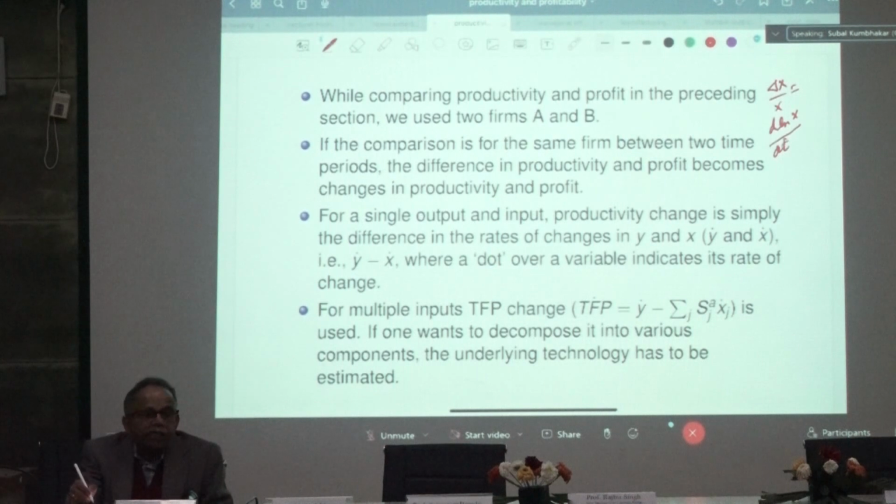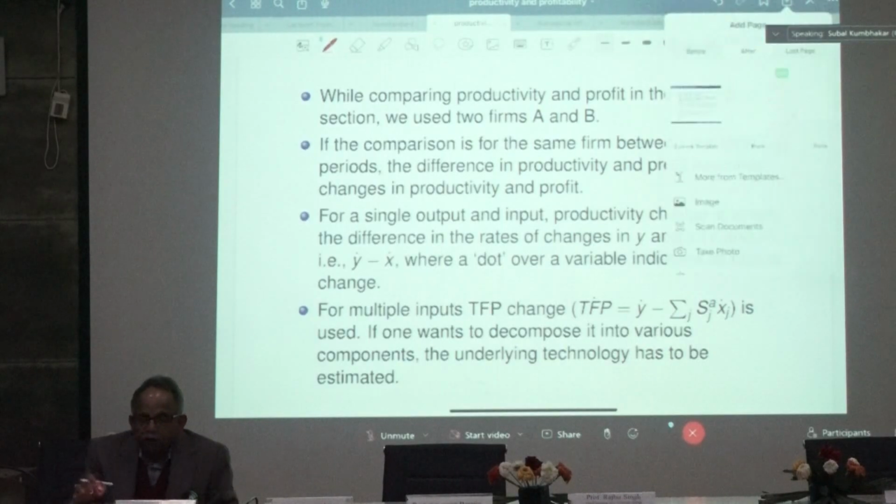Okay, so this change is over time. That's why I'm taking the derivative with respect to time. And we are going to be using the dot notation. So x dot means rate of change in x. Okay, so now tell me this. I can write it on the next page.